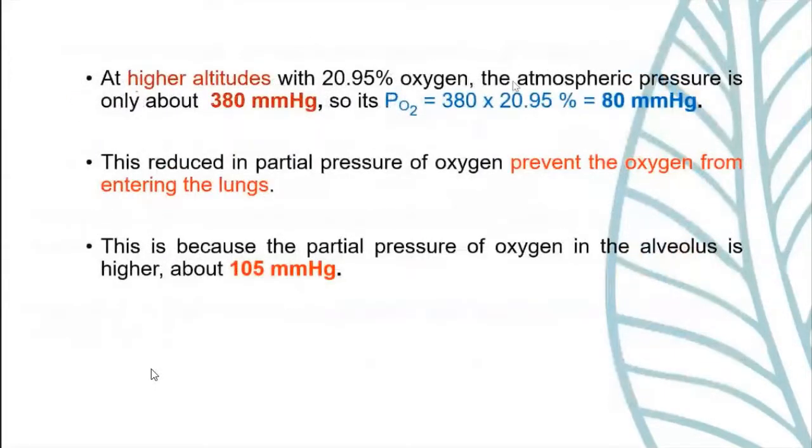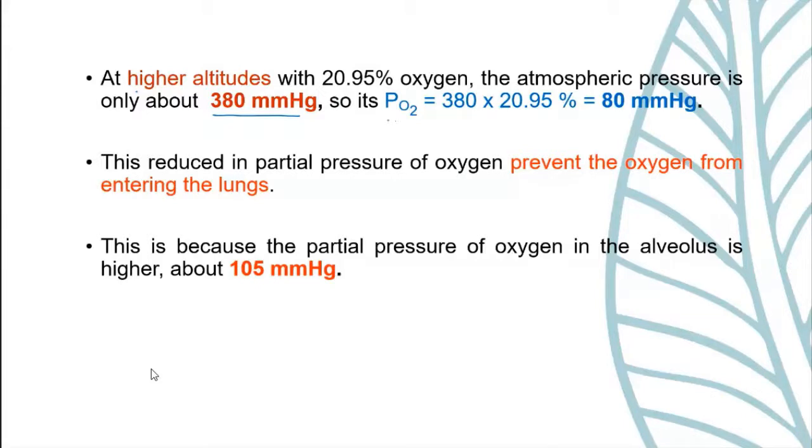So at higher altitudes, with 20.95% of oxygen, the atmospheric pressure will drop to about 380 mm mercury. Although the fraction of oxygen is still the same, the partial pressure of oxygen will drop.